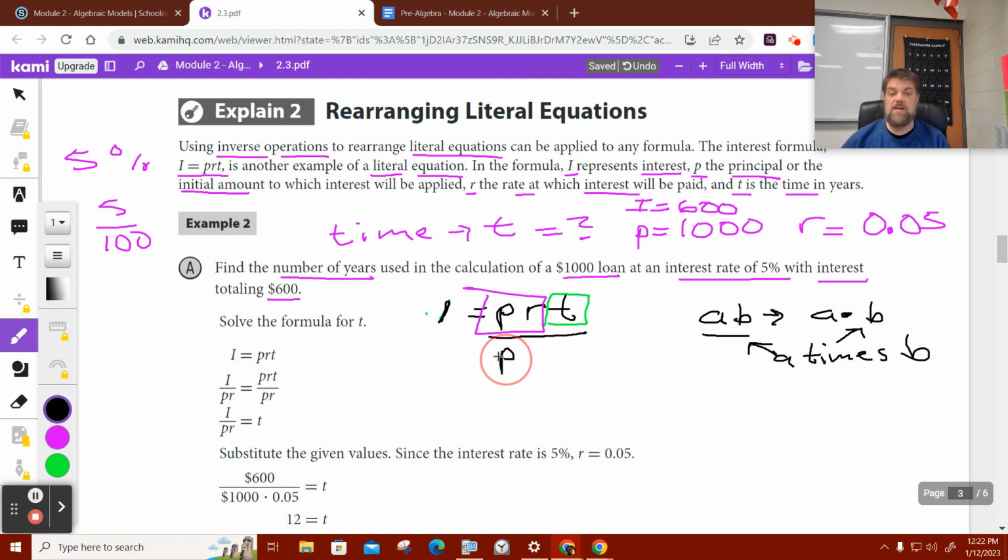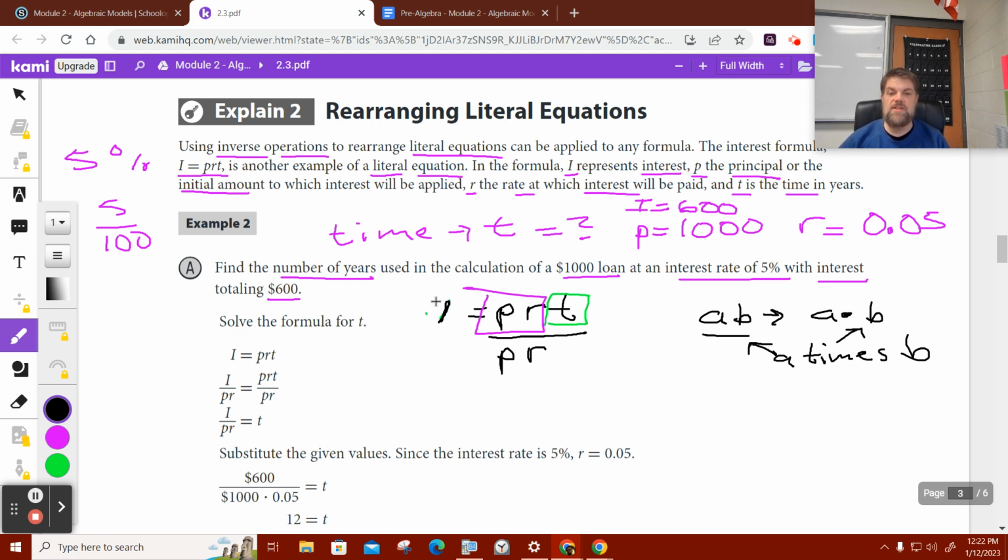Dividing. So I'm going to divide this side by P and R because that's all I want to move. Sometimes kids will write down the T. Well, you don't want to move the T, you want to leave the T. So you only write down the things that you want to move. What math operation you do is the inverse of what's originally being done.